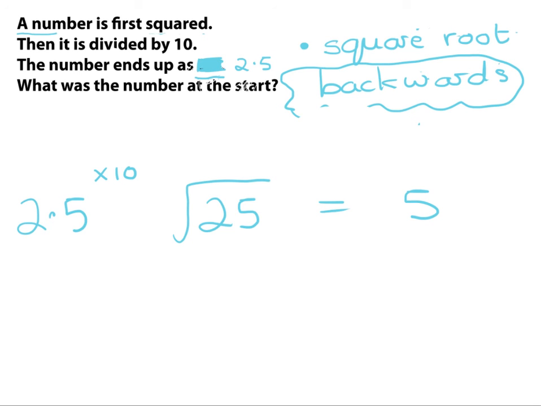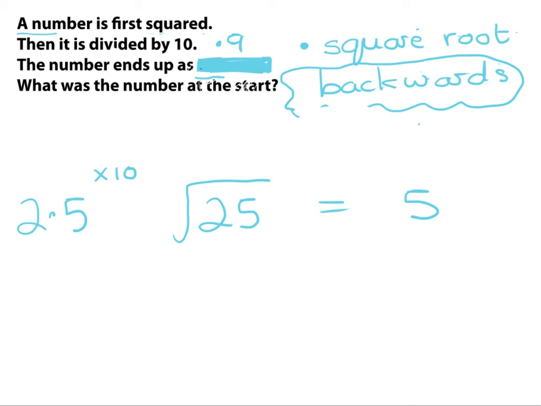Please let me know whether that's easy or not to understand. Let's just do another one. Supposing the number ended up as, let's try 0.9.